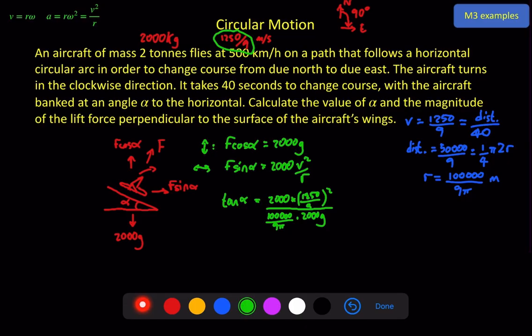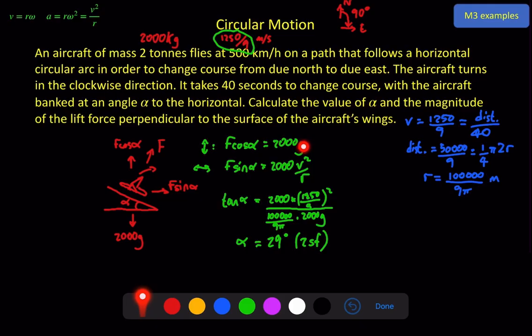Now that's pretty horrible, but they are all things that we know using pi on my calculator, and g is 9.8, gives me an alpha of 29 degrees to two significant figures. From there I can calculate the lift force perpendicular to the surface of the aircraft wings just by putting this into this equation here.